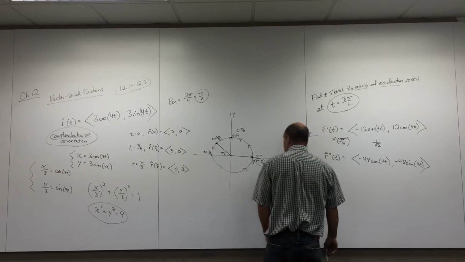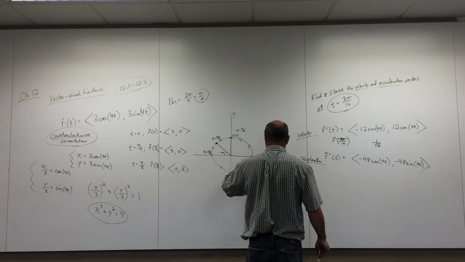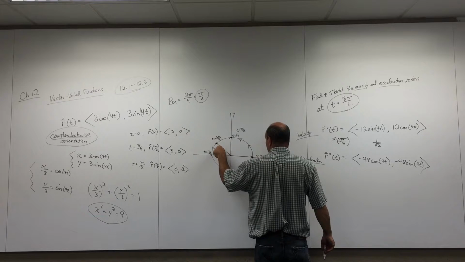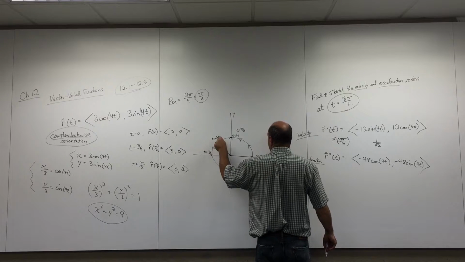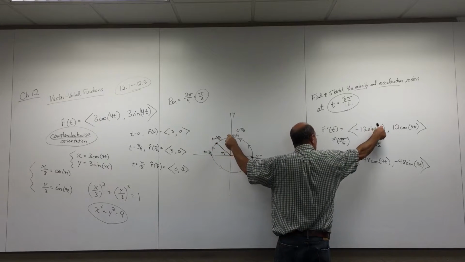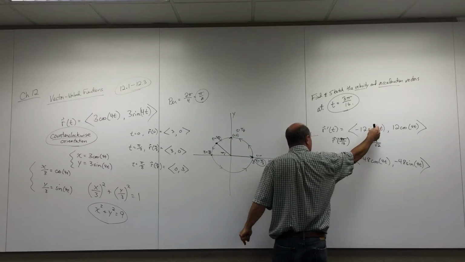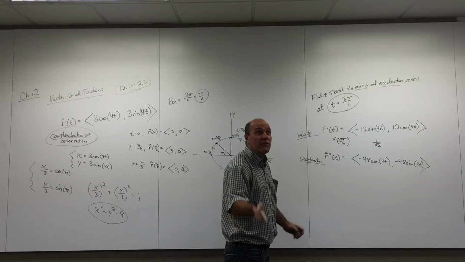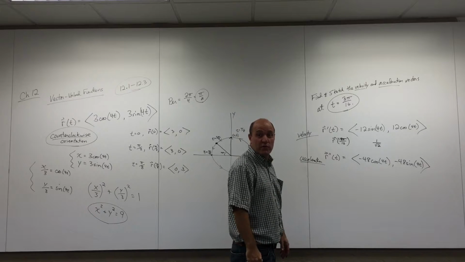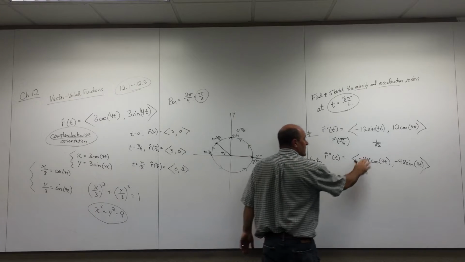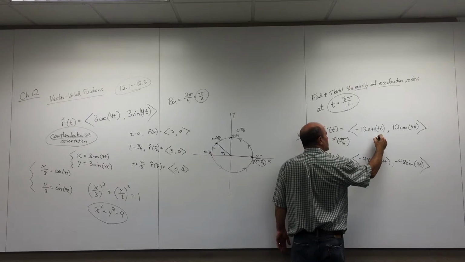I am thinking of my unit circle. It's 3 pi over 16, but multiplied by 4, the angle is 3 pi over 4. The sine of 3 pi over 4 is 1 over the square root of 2, or square root of 2 over 2. Let's say it like that.